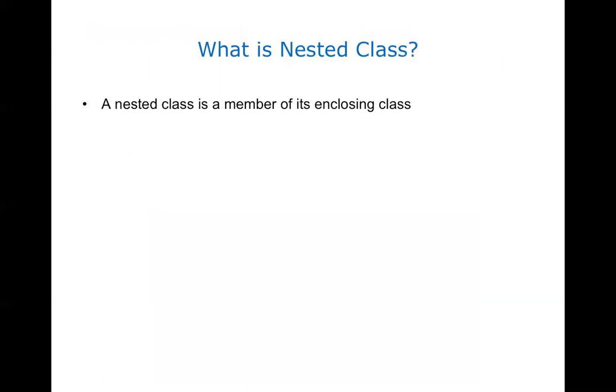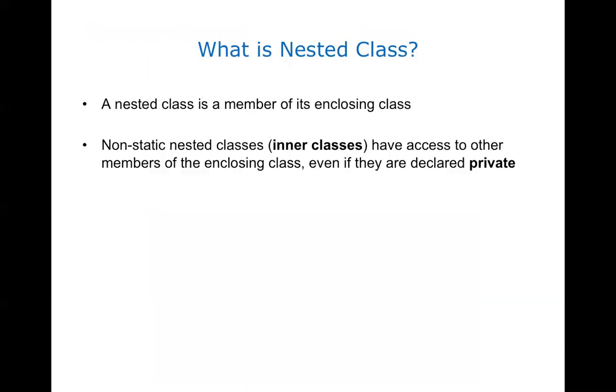A nested class is a member of its enclosing class, and inner classes, which are non-static, have access to other members of the enclosing class even if they are declared private. Because these classes are defined inside some other class, these nested classes can access the members of the outer class even if they are private.